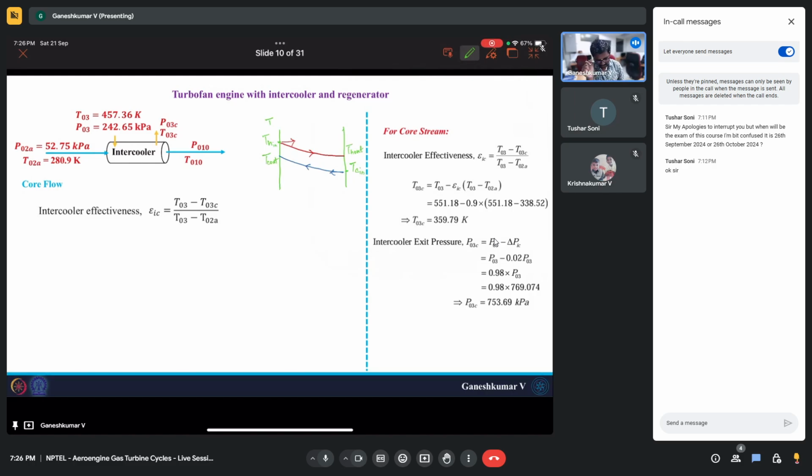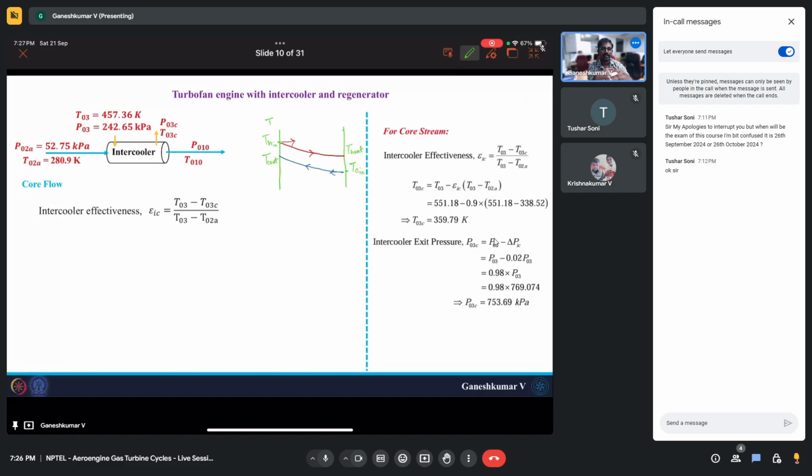If it reduces its temperature to equal the cold stream inlet, then that is when you will have the maximum. Your hot stream cannot go below your cold stream temperature, right? Because that is not thermodynamically possible. It can only go till the cold stream temperature.